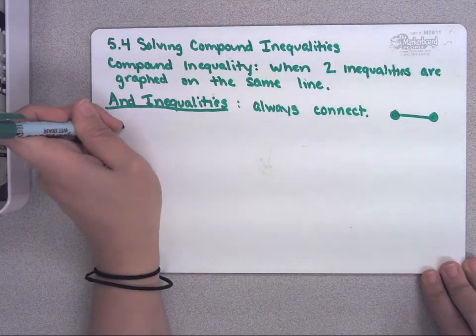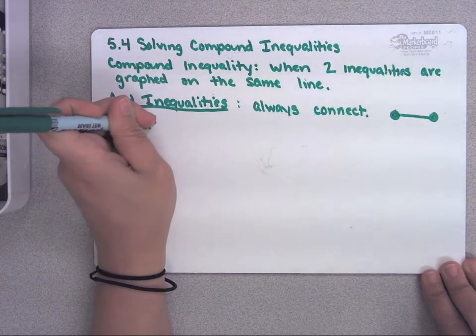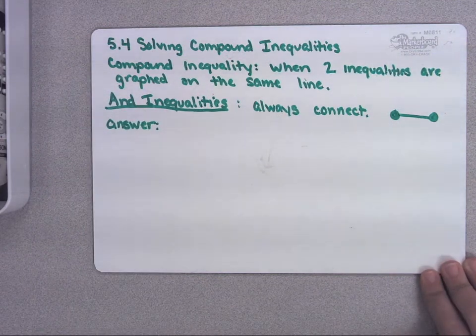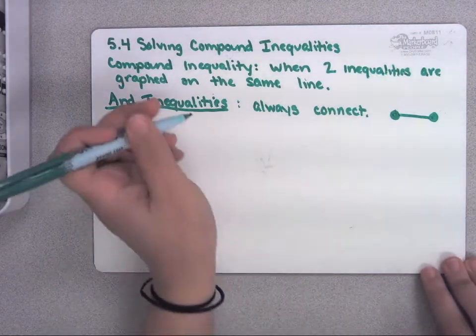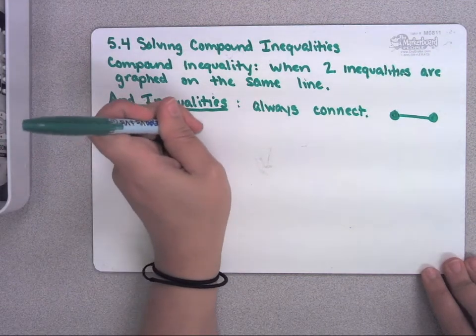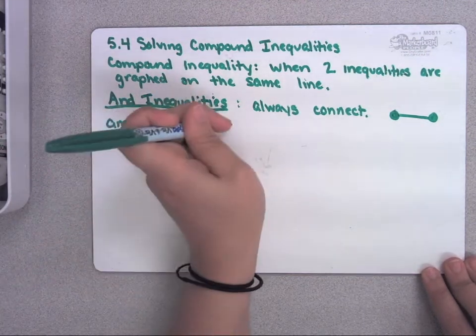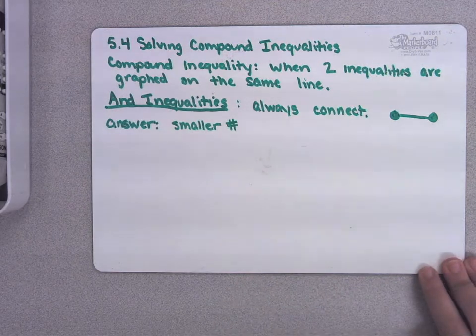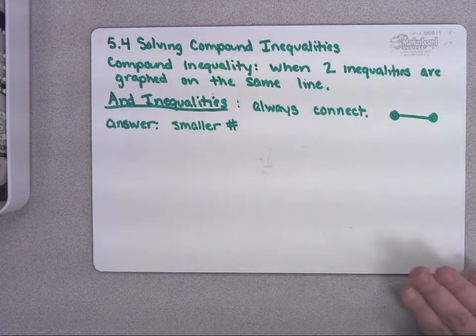For your answer, this one's a little different. You're going to put your smaller number, right? So if we had 2 and 6, we'd put 2 there.